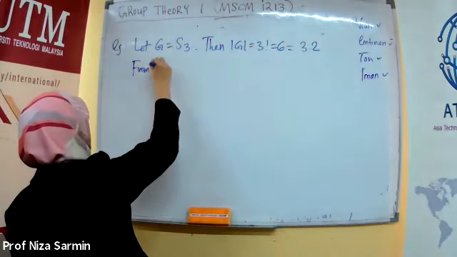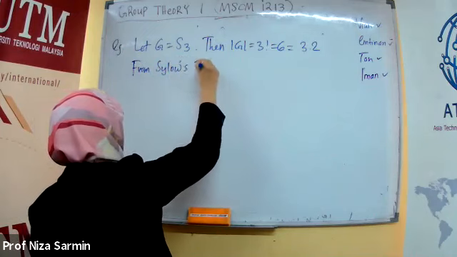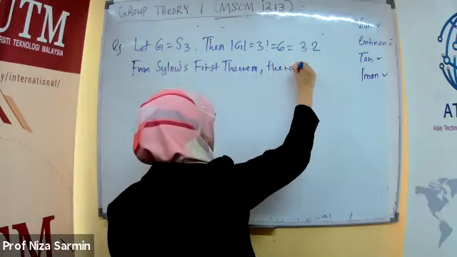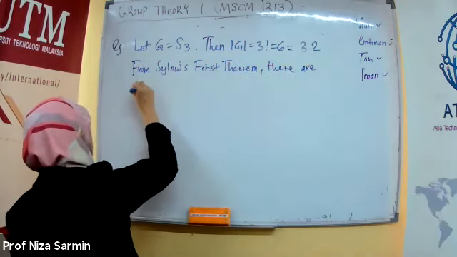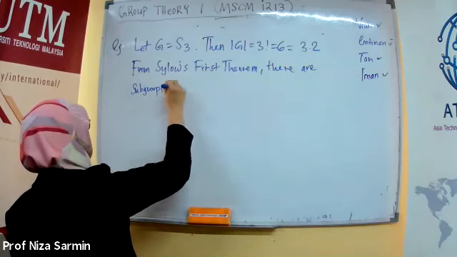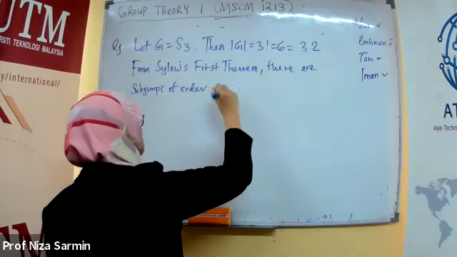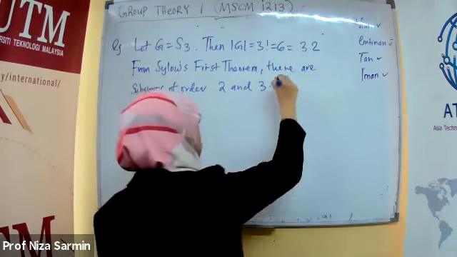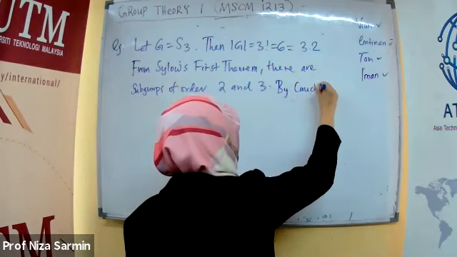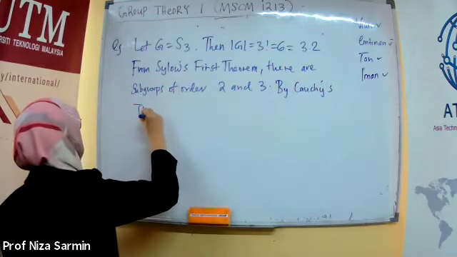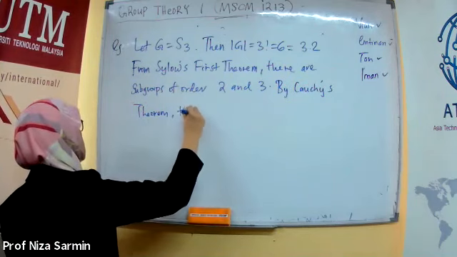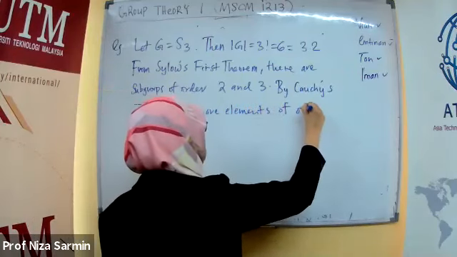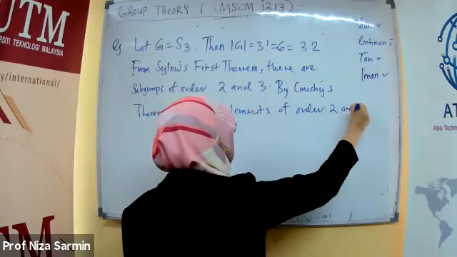From Sylow's first theorem, there are subgroups of order 2 and 3. By Cauchy's theorem, there are elements of order 2 and 3.